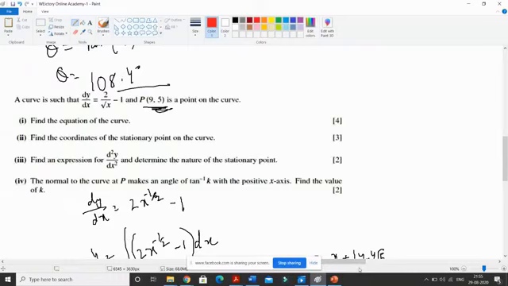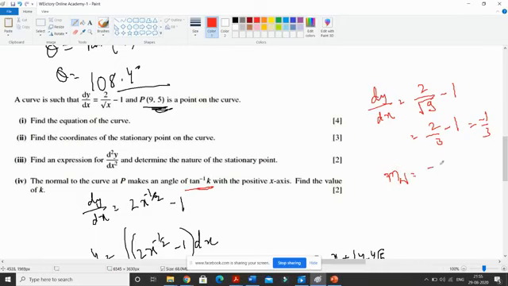It says the normal to the curve makes an angle of tan inverse k. So let's find out the gradient of tangent. So dy over dx at that particular point. So 2 over root 9 minus 1, which is 2 over 3 minus 1, which will give you minus 1 over 3. So that's the gradient of tangent. So what is the gradient of normal? So gradient of normal is minus 1 over minus 1 over 3, which is 3.